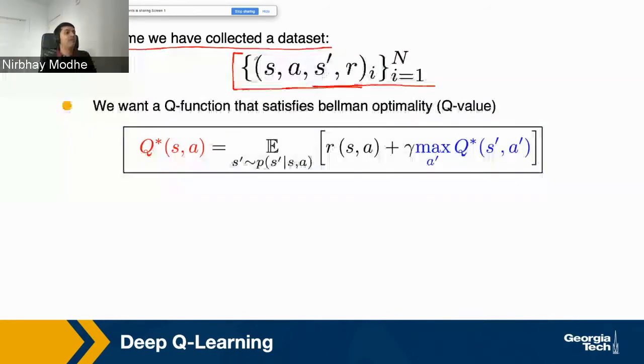So what we're going to do is define an optimization objective given this data. If you recall the Bellman optimality equation I presented at the start of this slide, we had written the Q star of s, a recursively in terms of itself and the reward at the first state and action.